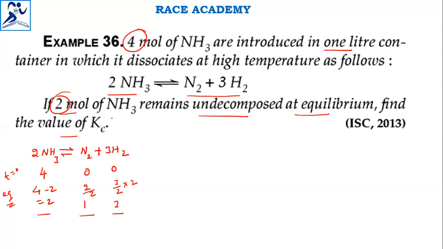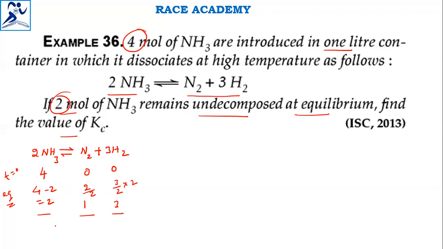That means the number of moles of ammonia is 2, nitrogen is 1, hydrogen is 3. Why? Because 2 moles of ammonia gives 1 mole of nitrogen and 3 moles of hydrogen. Got it?